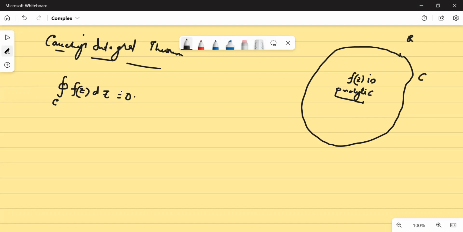Further, we also saw how things behave when there are residues.